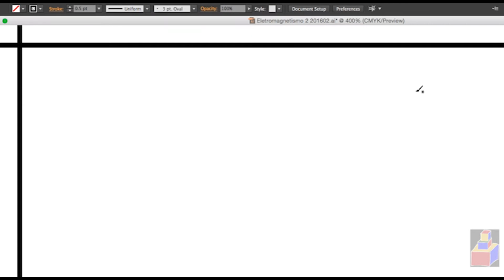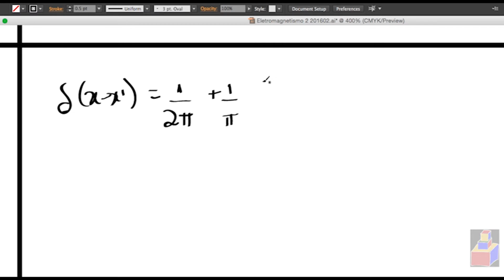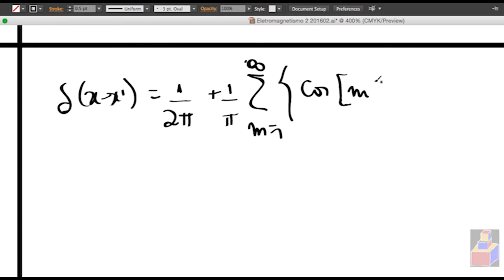So the completeness would be cosine, exactly as in the table, plus sine, okay?